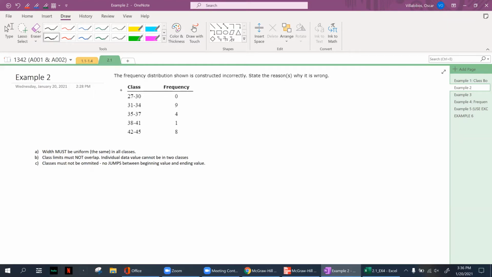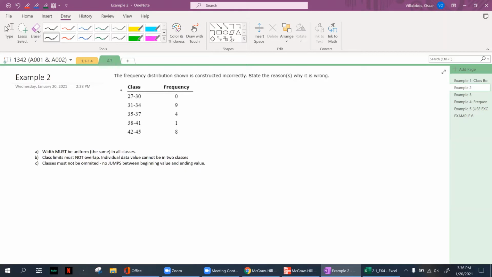You're going to be given, either for the test or for the homework, a table like this, and you need to find out, is this table constructed correctly? Because that's going to be your job throughout 2.1. Eventually we're going to have to construct one, but we're going to be given one and asked, hey, was this constructed correctly?